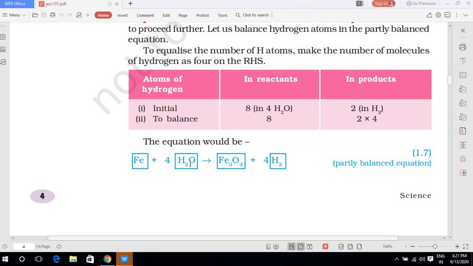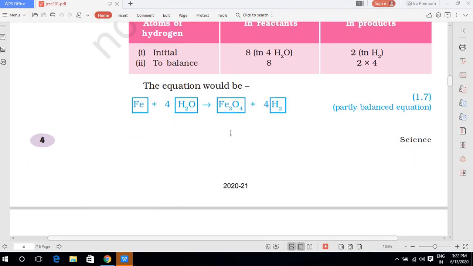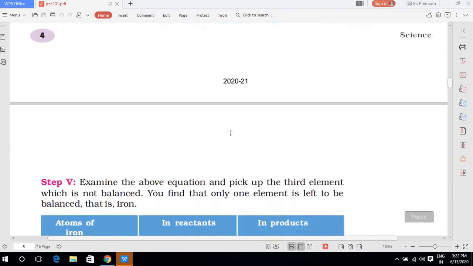Now the only thing we need to do is make this iron equal on both sides. On the right hand side we have 3 iron, and on the left hand side we have only 1. So how do we make it equal? By adding 3 here. If we write 3 here, then it will become 3 iron on the left hand side, and on the right hand side it will also be 3 iron.